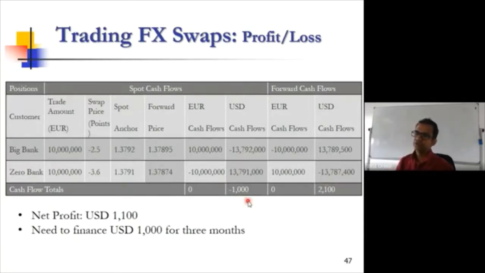Spot date, you lose $1,000. So the net is 1,100, but in reality, it would be slightly less than that once you consider the funding cost of this 1,000. So that's how you trade FX swaps and calculate profit or loss. Any questions?